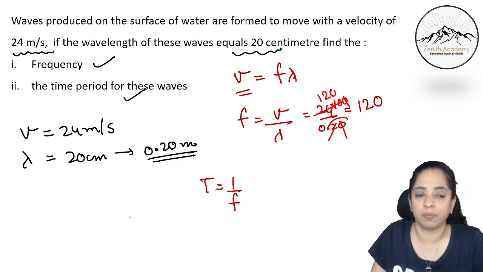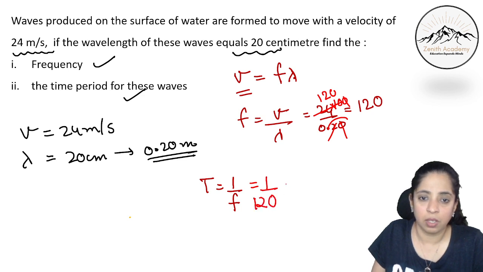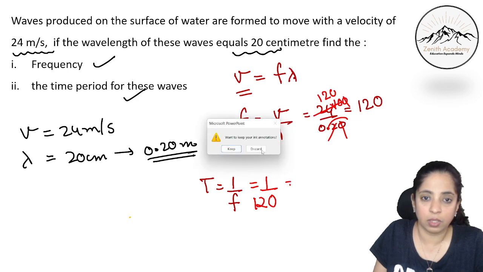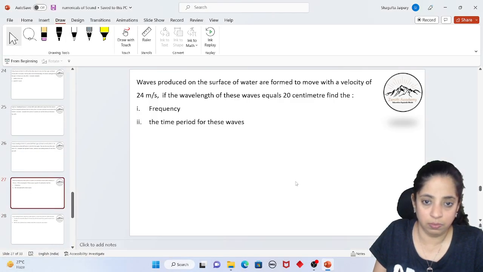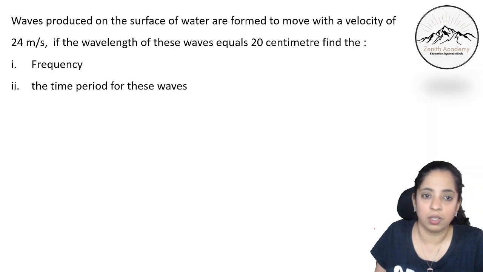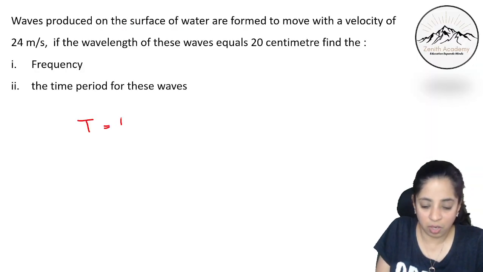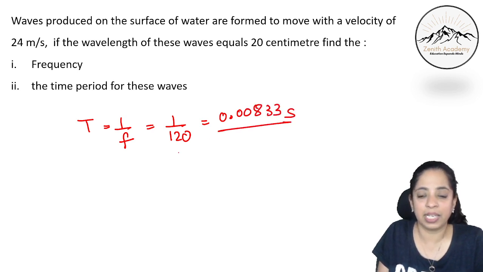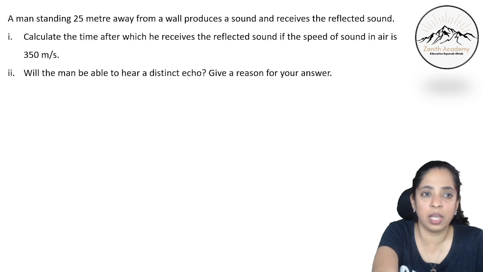So 120. I hope this is clear. Time period is 1 upon frequency, so it will be 1 upon 120, which will be 0.00833 seconds. Okay, clear? Let's go ahead.